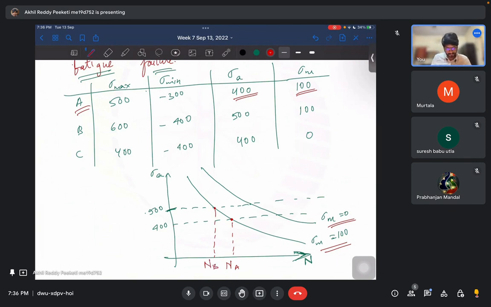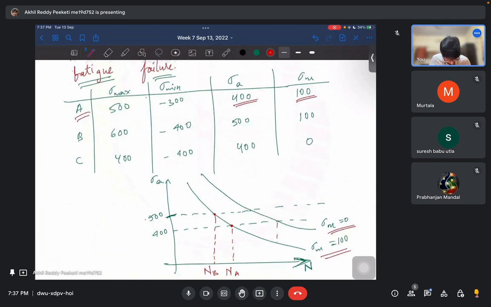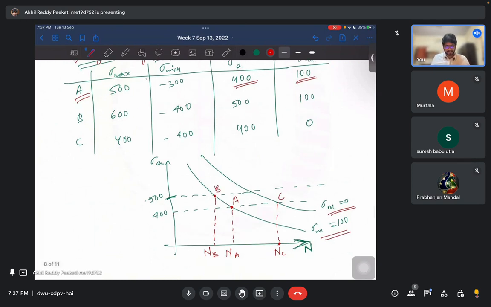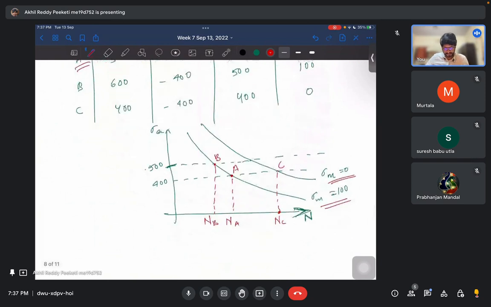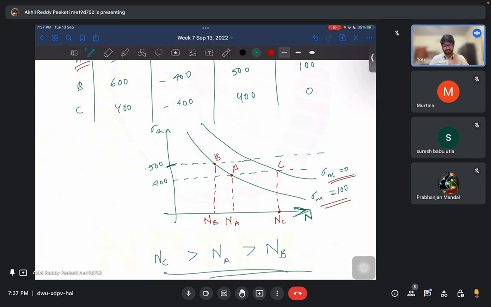Now C is 400 and 0. So this is point C, this is point A, and this is point B. So is this clear? Now which can withstand the maximum number of cycles? C can withstand the maximum number of cycles, greater than A and greater than B. So is this clear to everyone?